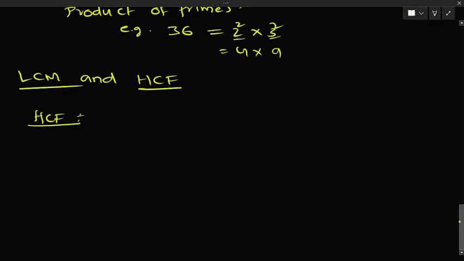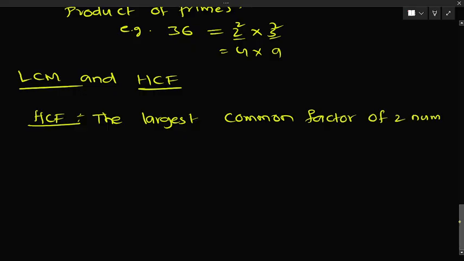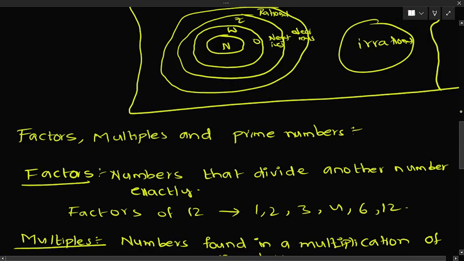HCF means the largest common factor of two numbers. So I will give you an example also.